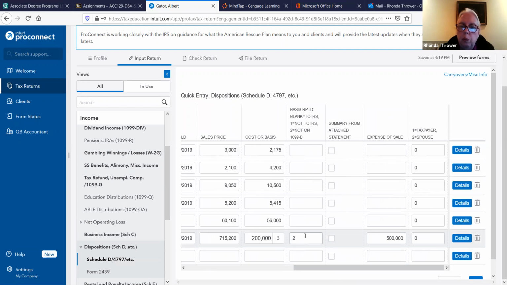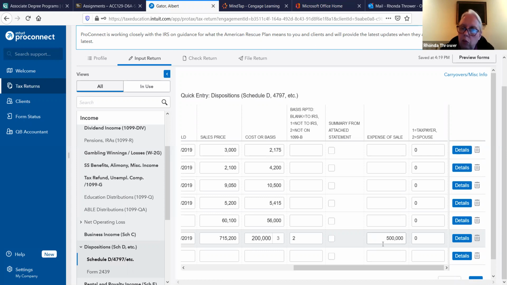And I put a 2 up here because it wasn't on 1099B. They just told us about it. And so I didn't know what else to do with that. So I just stuck a 2 in there. It didn't affect anything, I don't think. But something that you got to remember is that 500,000 is deductible from the capital gain. And so I really wasn't sure where to put that.